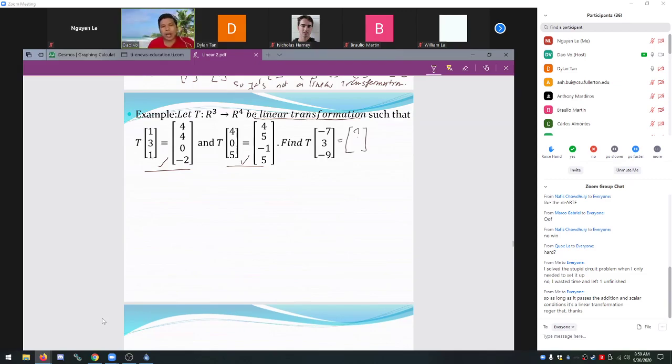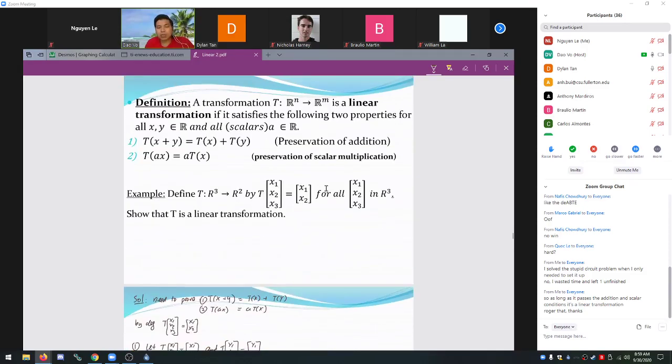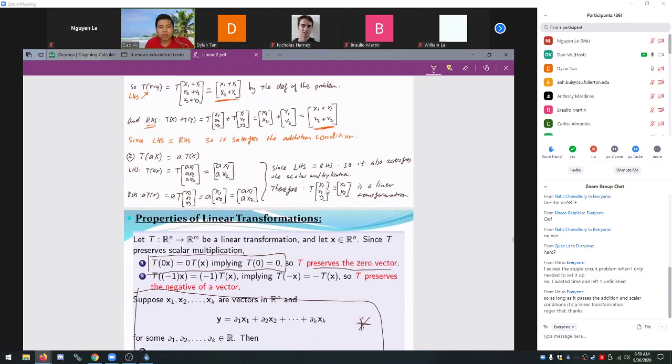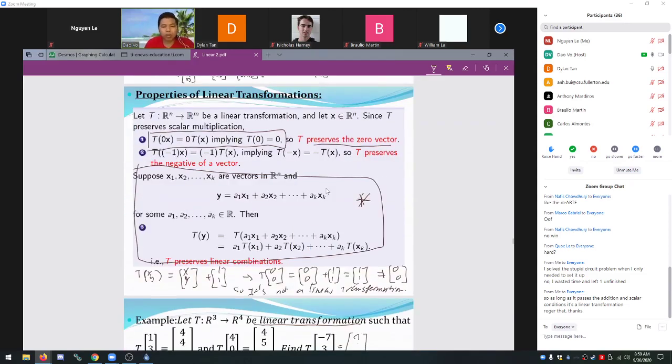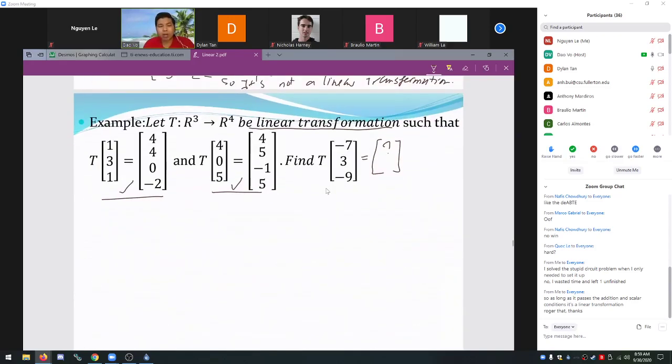So this puts us in a very awkward situation, because in the earlier example we knew the formula of the linear transformation, so when you evaluate, you can just use the formula. However, this example does not provide any formulas. So how are we going to find that when we have no formulas?